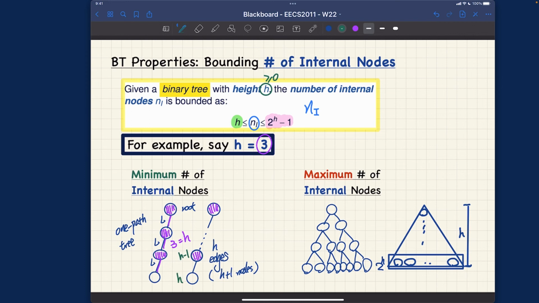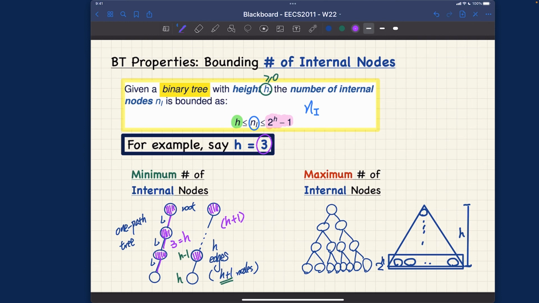So how many nodes do we have? We got exactly, just excluding one node from h plus 1. So it would be h plus 1, minus 1. Let me use purple over here, if I may. That'll be the minimum number of nodes.